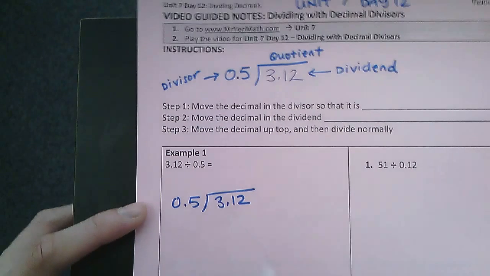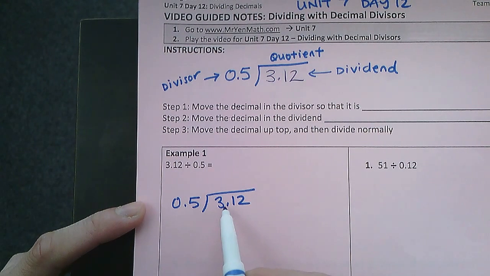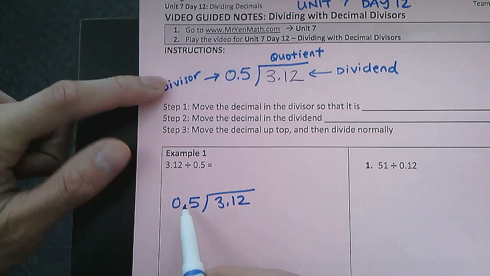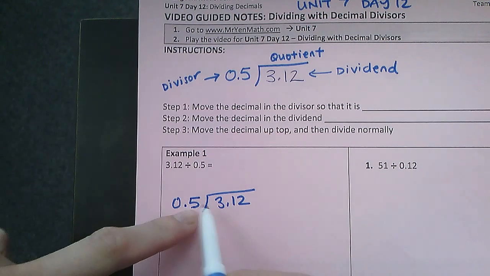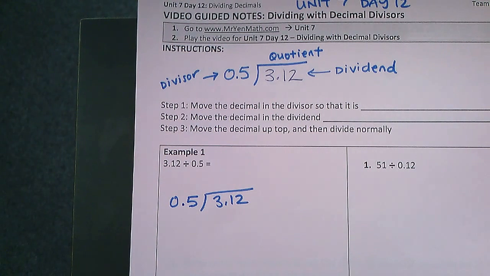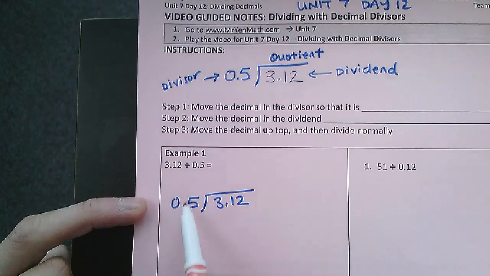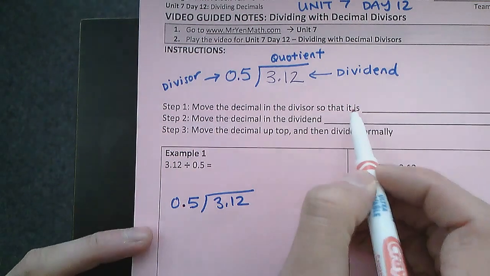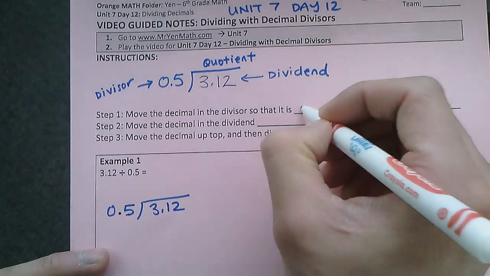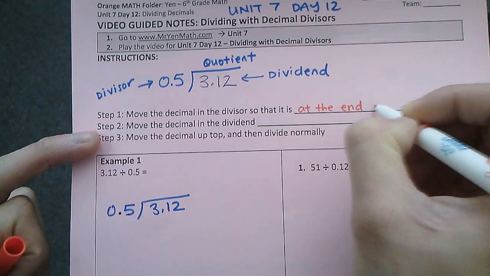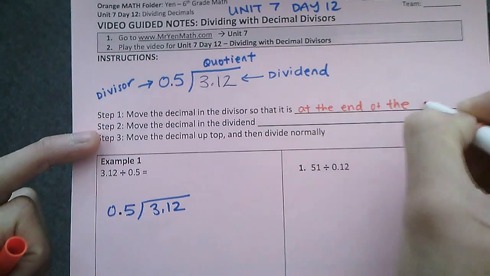What we're doing today is working with division when we have a decimal in the divisor, like 0.5. So how are we supposed to divide when we have a decimal there? The first step says we're going to move the decimal in the divisor, this decimal right here, so that it is at the end of the number.